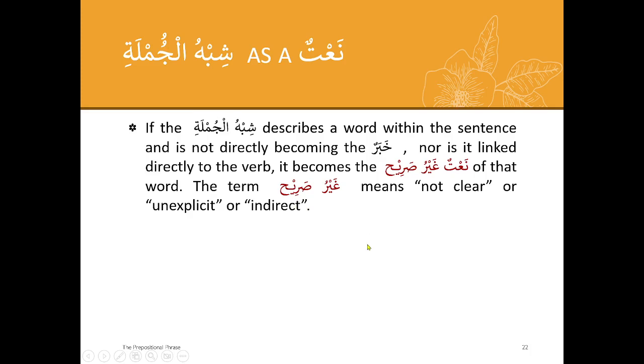So let's see examples, because sometimes examples are worth 1,000 explanations. Here we have a Jumlah Fi'liyyah. Ra'a ar-rajulu. So the fi'il, fine. Then we have طائرا على الشجرة. The man saw a bird on the tree.